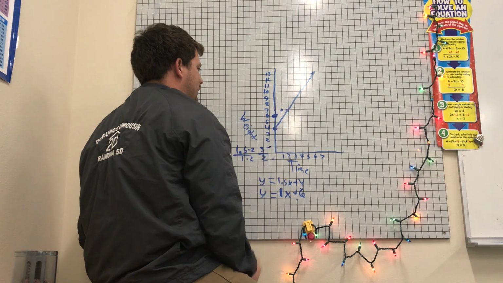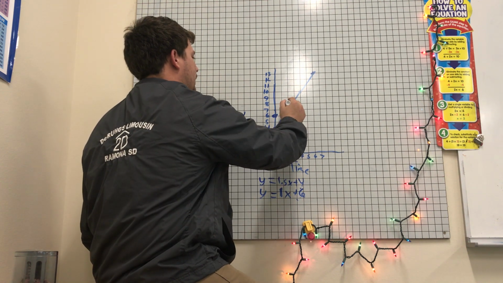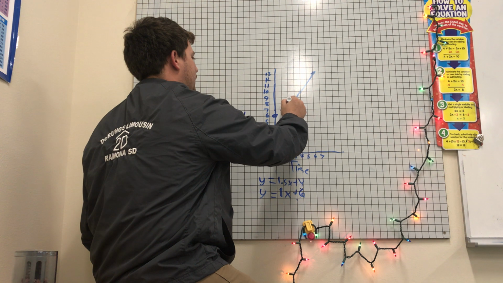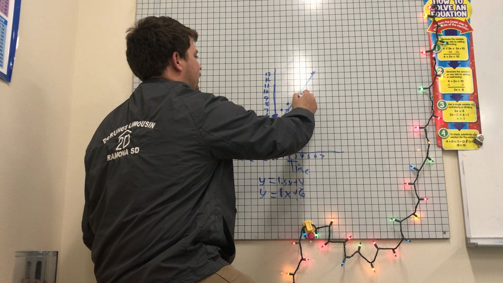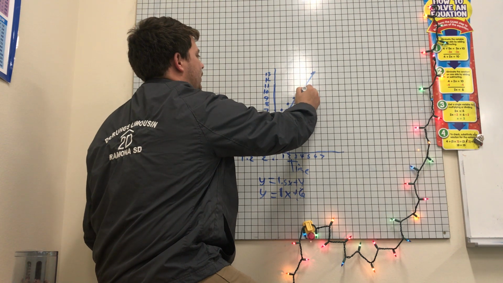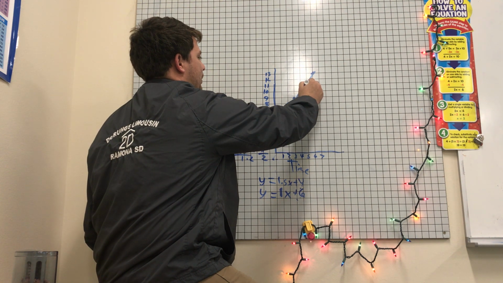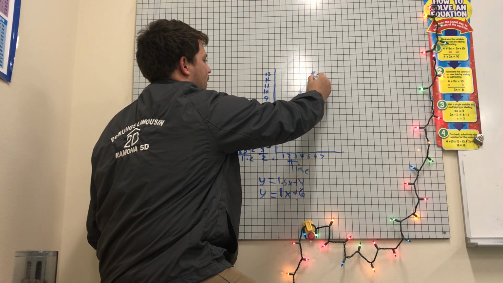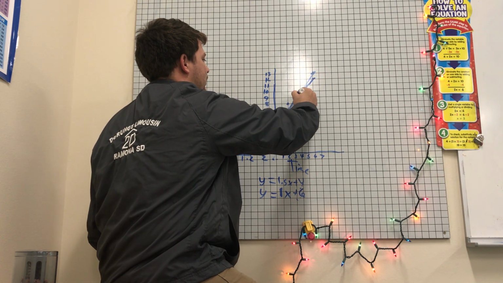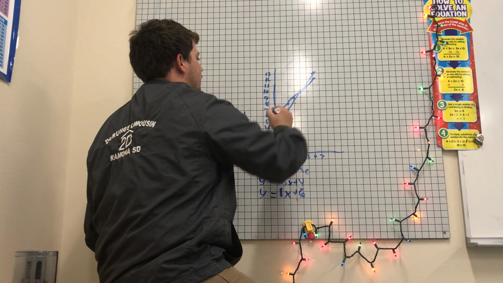Because every month he's going to gain a pound. Over another month, up another pound. Over another month, up another pound. And you have something that looks like that.